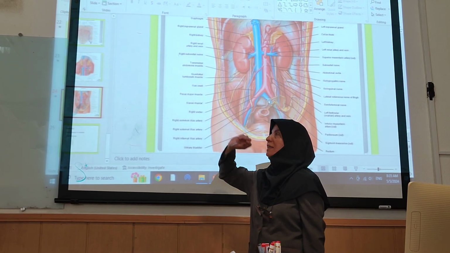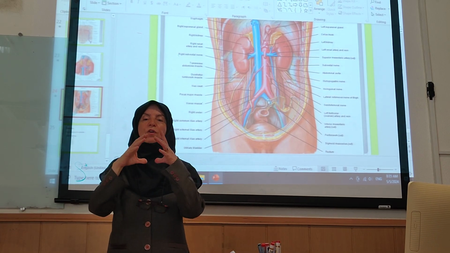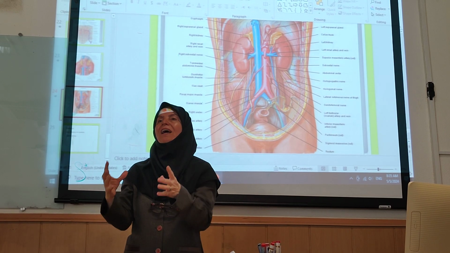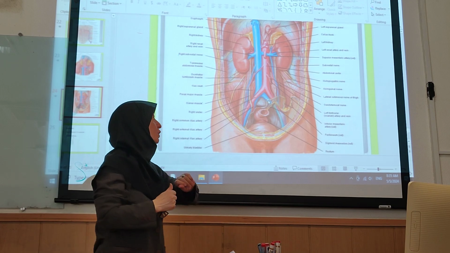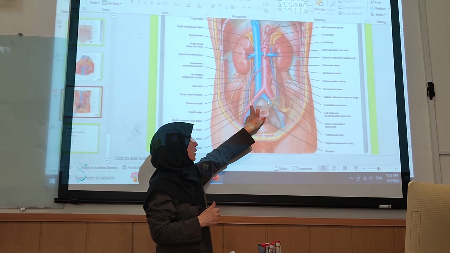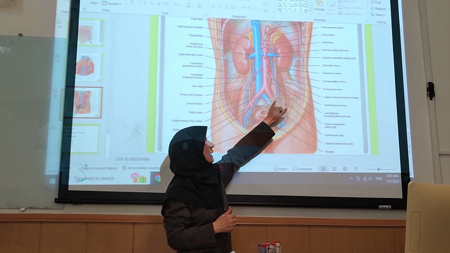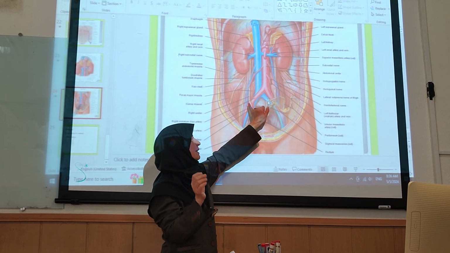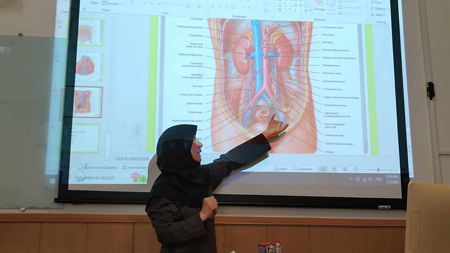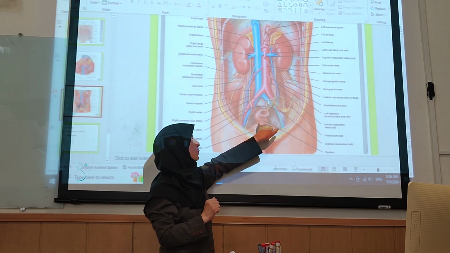Yes, when they are passing over the common iliac artery, when they are going to pass the inlet of the pelvis, when they are going to enter the pelvic cavity, passing anterior to the common iliac vessel, here the lumen again gets narrow. But the narrowest part is when the ureter is going to drain inside of the urinary bladder. Here is the narrowest part of the lumen of both ureters.